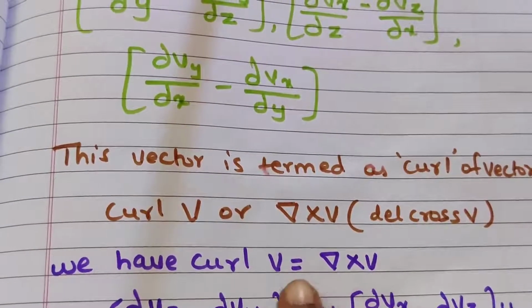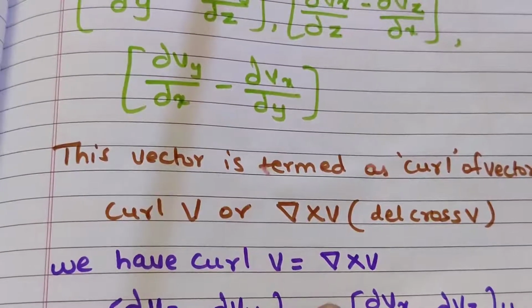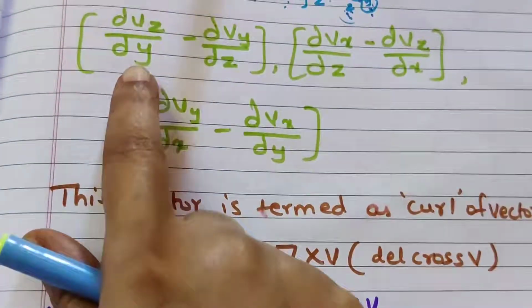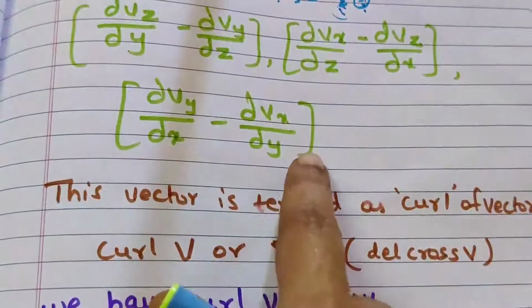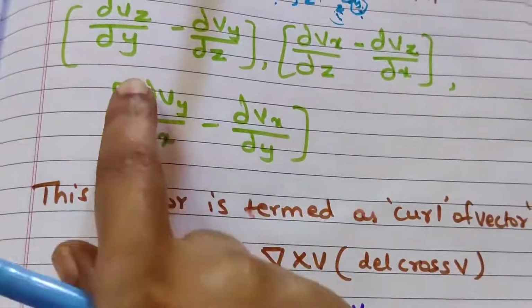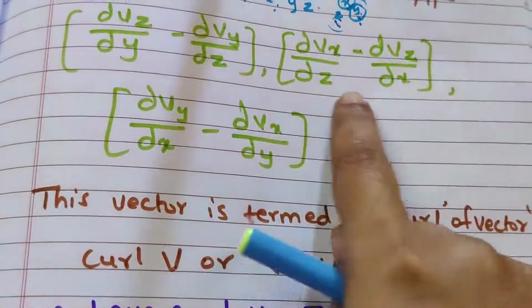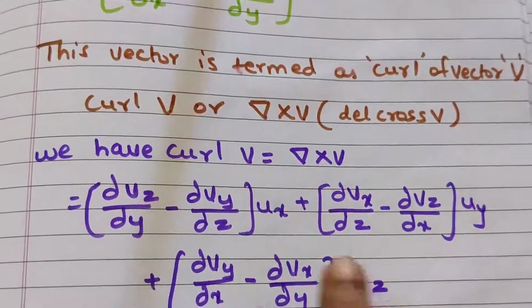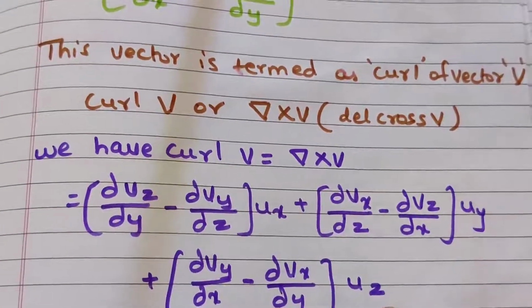The curl coordinates we have taken here are these, so similarly writing those coordinates here: this one into ux, this one into uy, this one into uz.